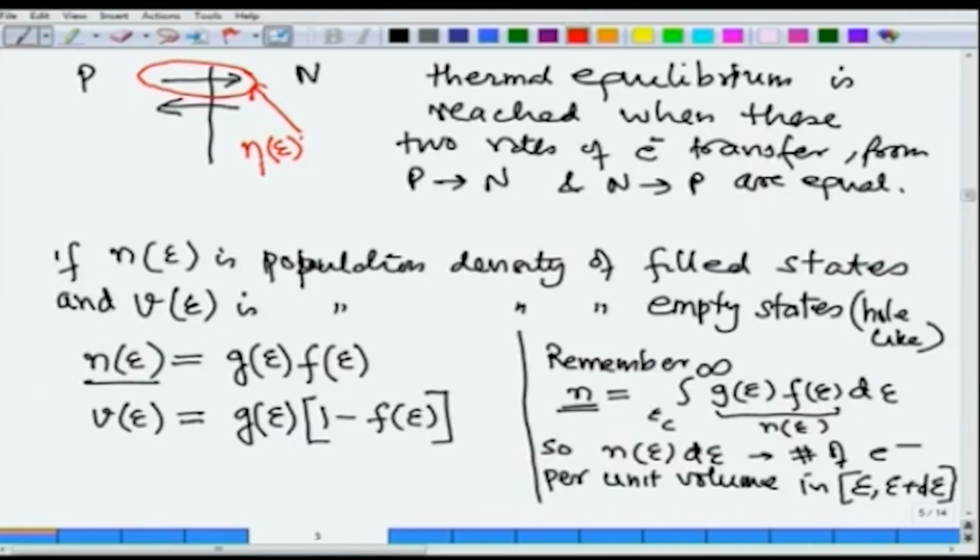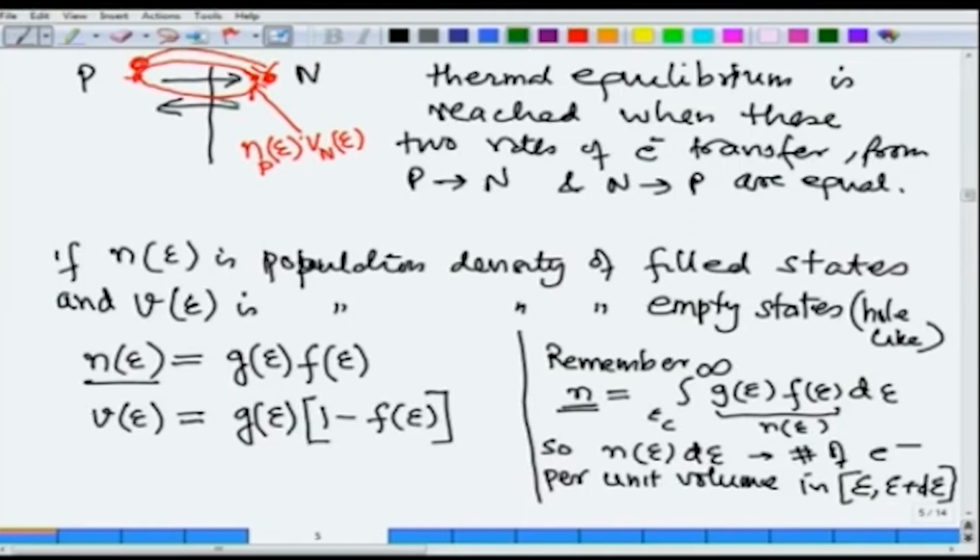So, I am going to use the subscript p to indicate the side, since we are transferring from the p side. It will also depend on the number of vacant states here, because electrons have to go from here over to here. Whatever electrons are here, there must be a vacancy here to take them. So, it will depend on n on the p side and v on the n side, the vacant states on this side.